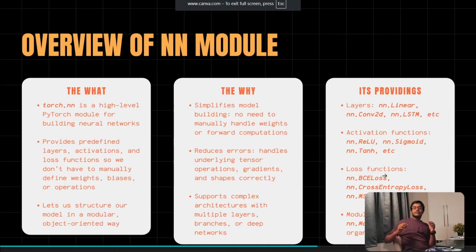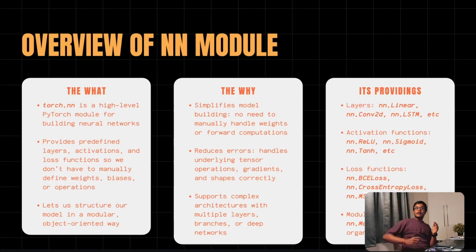Alright guys, so now that we have seen how the manual pipeline works and how to code it, let's have a look at the NN module. So this NN module is basically a PyTorch module which makes the process of building neural networks much easier and much faster. How?